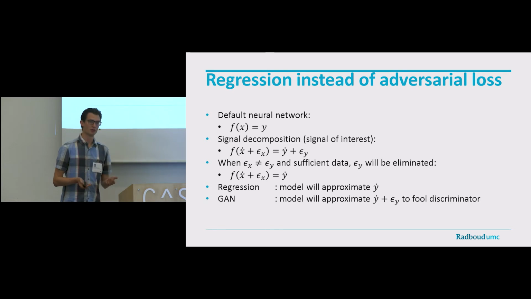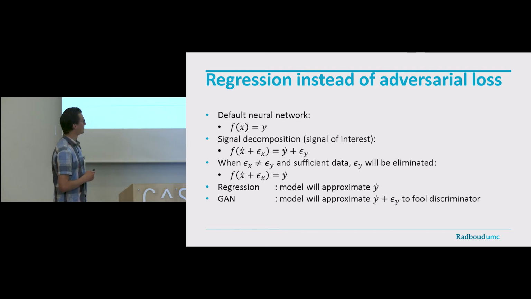And of course, you need to make an additional assumption that they're approximately zero-sum distributions. But if you do that, then you're approximating the signal and not the noise. So it's just a trick of very nice simple math.